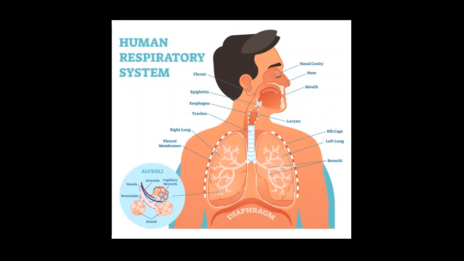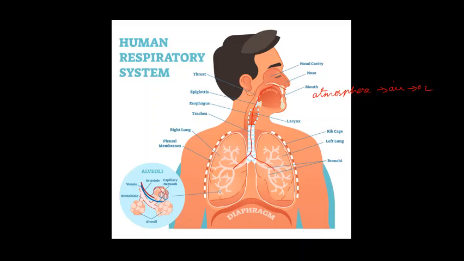Now let's see how the organism obtains oxygen. Atmosphere has air, and air has oxygen. So the oxygen enters through these nostrils, goes through this windpipe and enters into this pair of lungs.